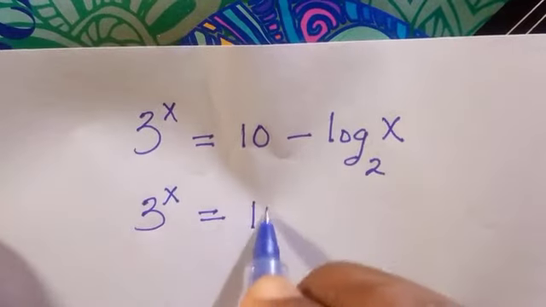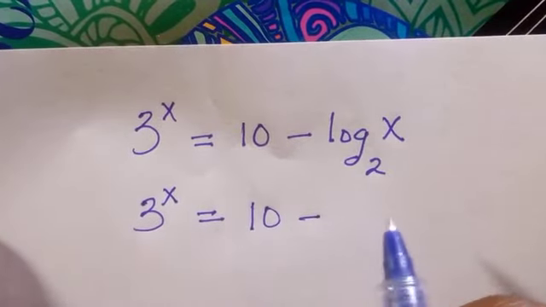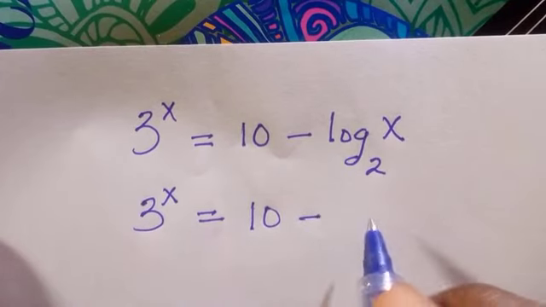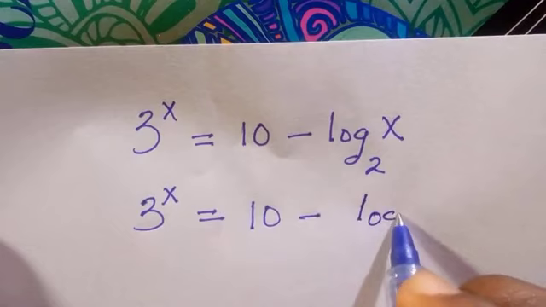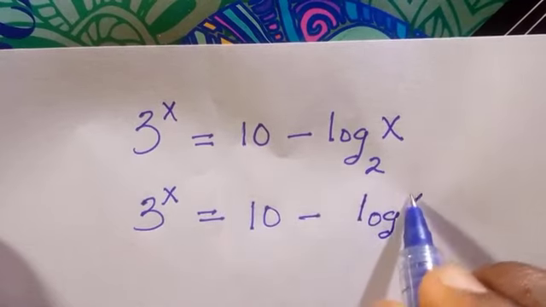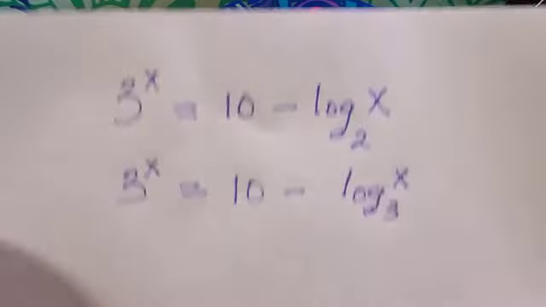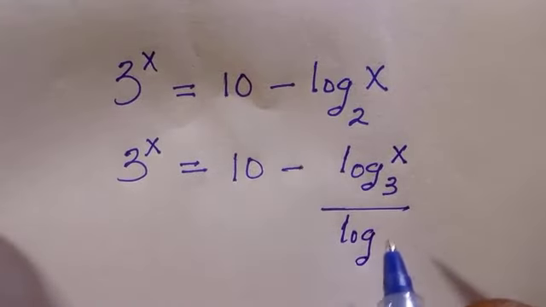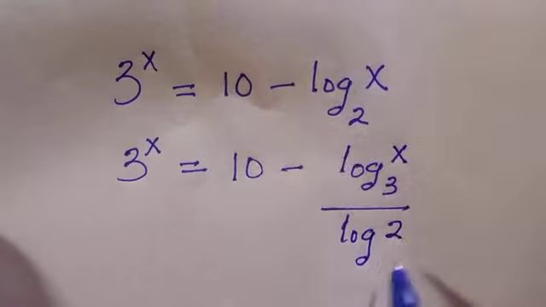and here we have 10 minus, if I separate this using a law of logarithm with base of 3, we are going to have this as log x base 3, and we divide this by log 2 base 3.